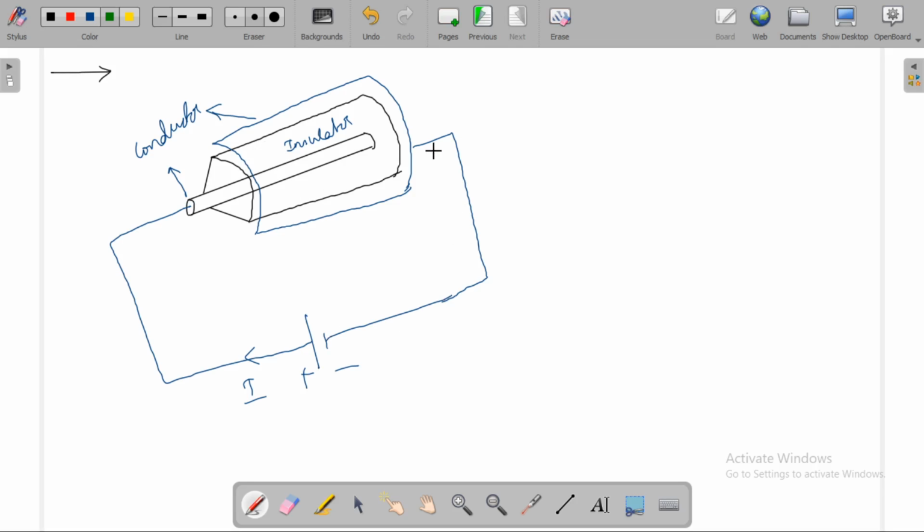So this will be the direction of electrons. Electrons will be flowing like this through the volume.